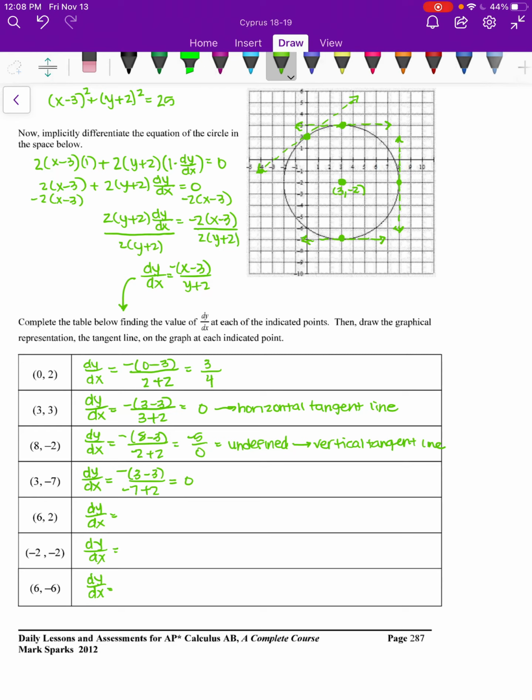And then dy dx at 6, 2, we have -6 minus 3 over 2 plus 2, which is -3 over 4. So at 6, 2, our slope is negative.